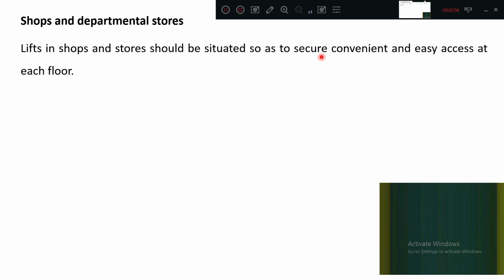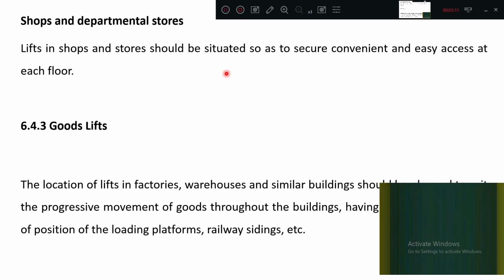Shops and departmental stores, how should the lift arrangement be done? Lifts in shops and stores should be situated so as to secure convenient and easy access to each floor. That is very important, easy access to each floor. Goods lift, what shall be the condition?